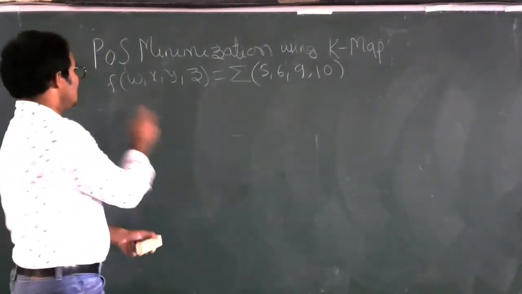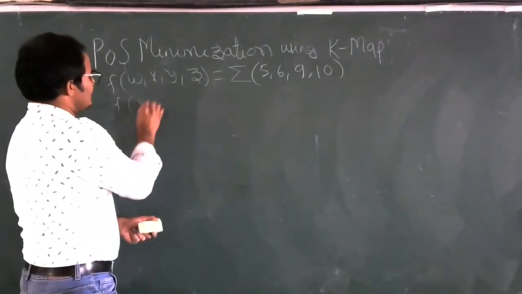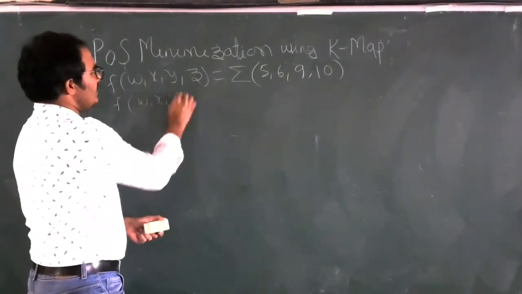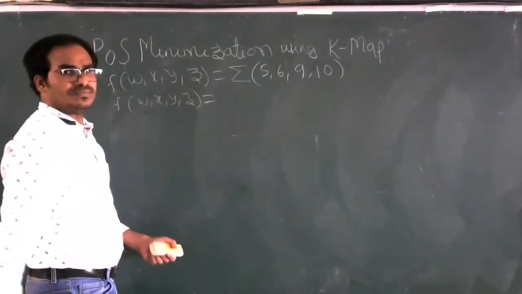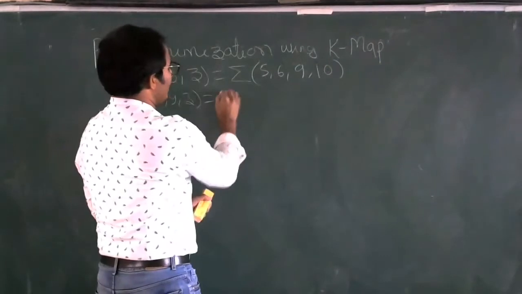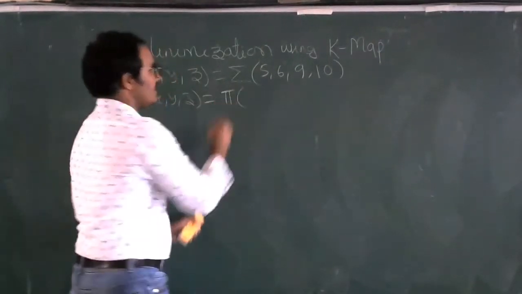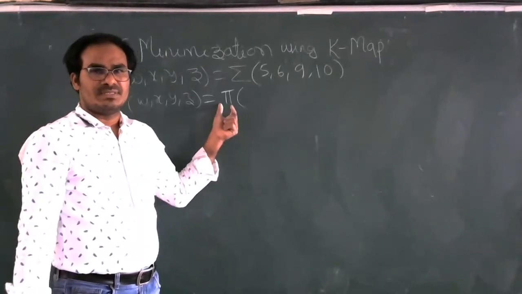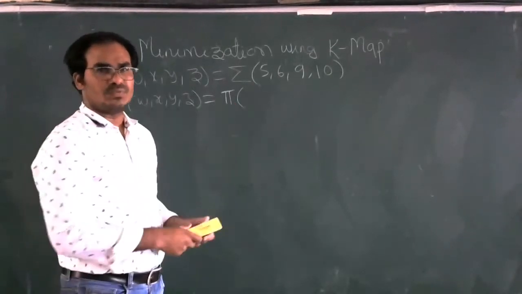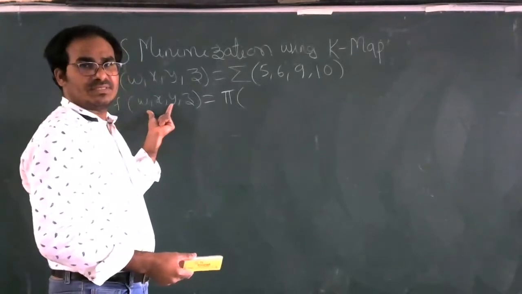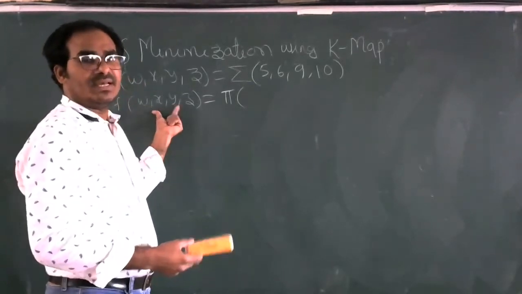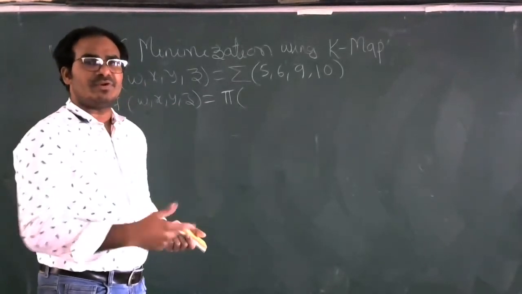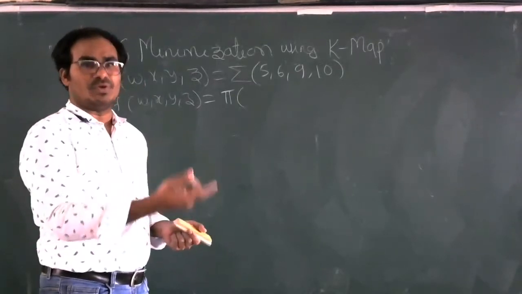The same function can be written as f(w, x, y, z) = capital pi of. So how to obtain the maxterms? We already know we have four variables. To a switching function, four variables can be applied in 2 power 4 ways.